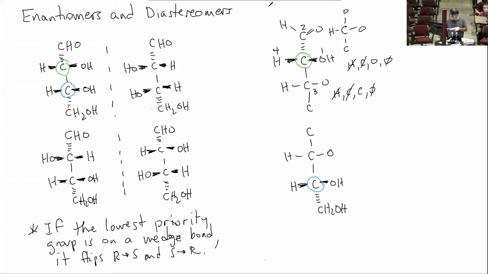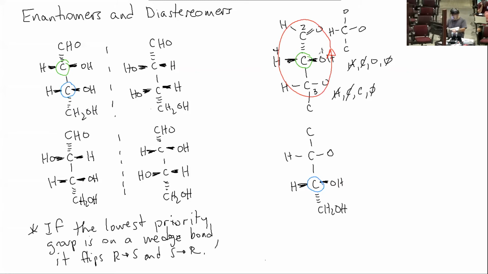So now, we'll go ahead and turn our steering wheel as usual, but we'll remember this rule over here. You know, our stubborn, naughty hydrogen is on a wedge bond. So that means we have to change our mind at the last second. So I'm going to, ignoring the 4, go the shortest way from 1 to 2, 2 to 3, and 3 back to 1. That looks to me like a left turn.